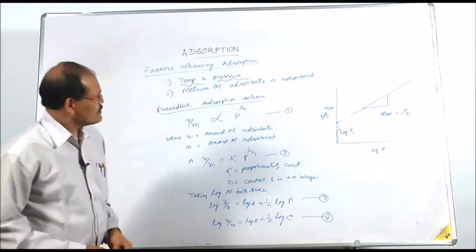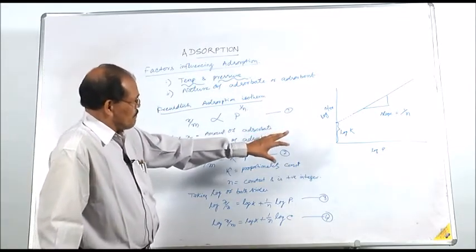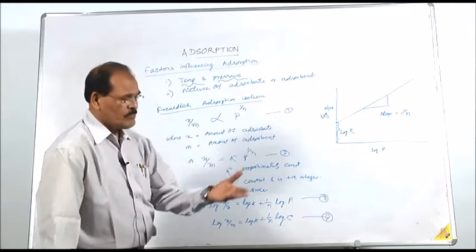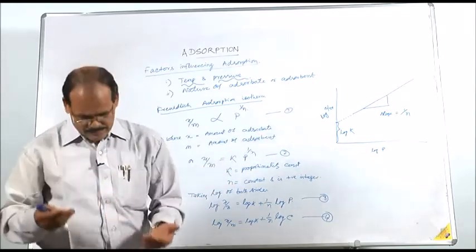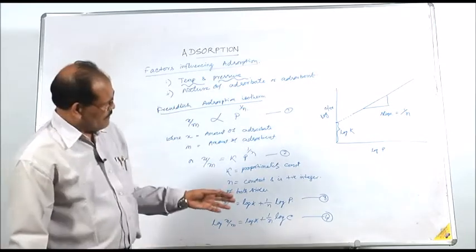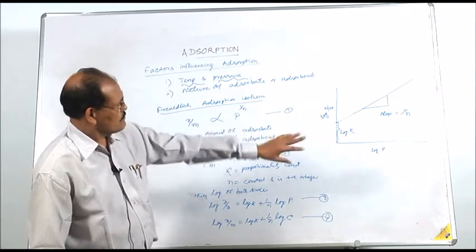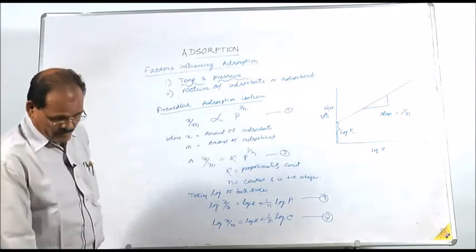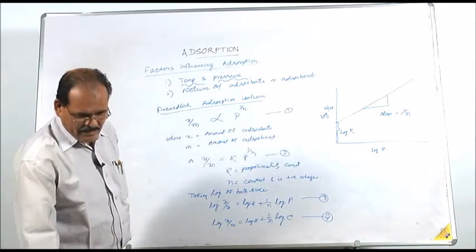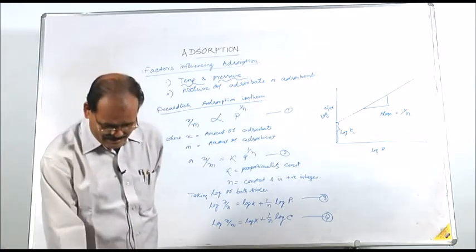Why? Because the adsorption at high pressure is observed layer by layer, so this is only valid at low pressure, and at high pressure the deviation is there. It can be explained in another form, that is beyond our limit.